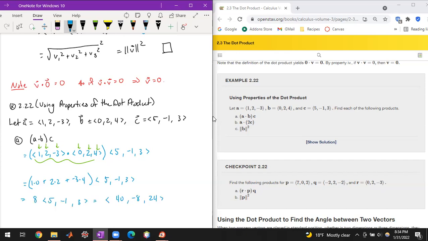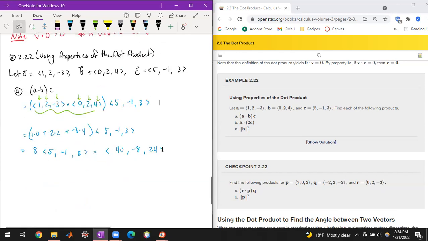For part B, we're asked to take the dot product of A with the vector C, which has been multiplied by 2. Once again, we want to focus on what's inside of our parentheses first. So our vector A is 1, 2, -3, and we would like to multiply 2 into our vector C, which has components 5, -1, and 3.